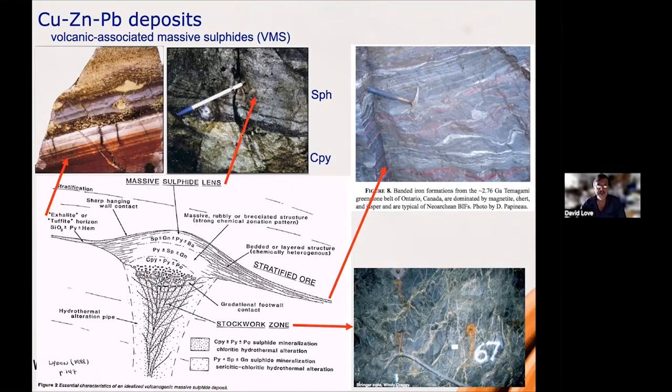This is massive sulfide with yellow copper sulfide chalcopyrite and gray-brown sphalerite, zinc sulfide. They very commonly contain other ore minerals, sulfides of zinc and sometimes lead, galena. Out on the fringes, they're banded rocks, sometimes with iron in them, called iron formation, and sometimes without iron.